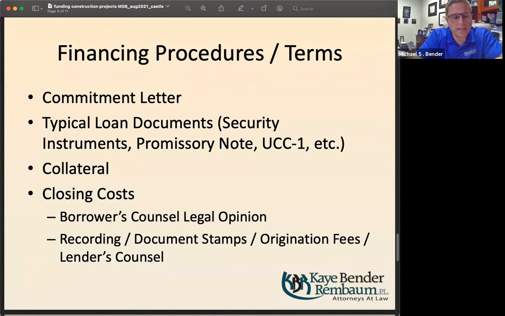You'll be responsible for recording and document stamps. And of course, you'll be responsible to pay your own association attorney to do the proper process and protect the association accordingly. And if an opinion of counsel from association counsel is required, certainly that's something you'll need to cover. What they're doing there, the bank is basically saying to the law firm, we need an opinion from you in order to close this loan.